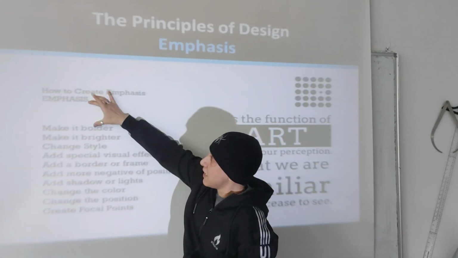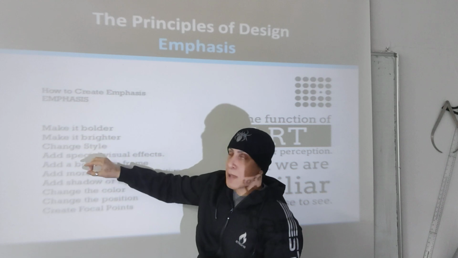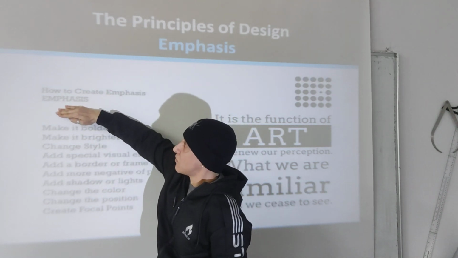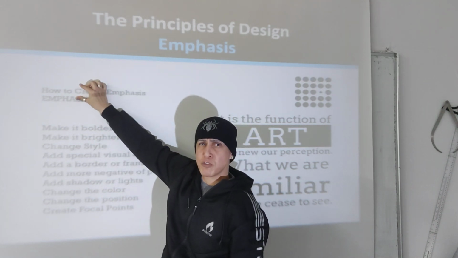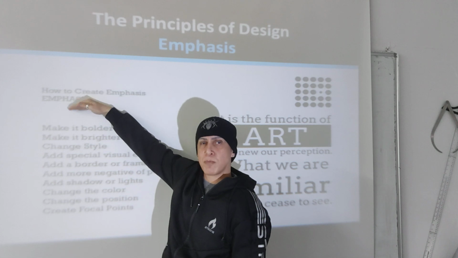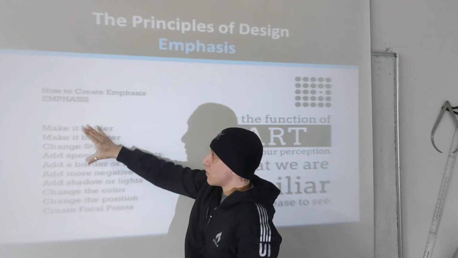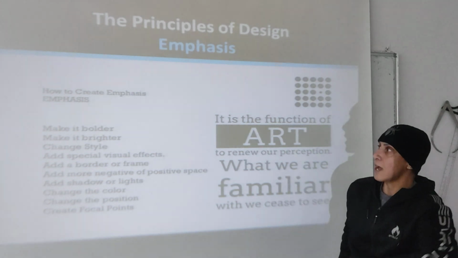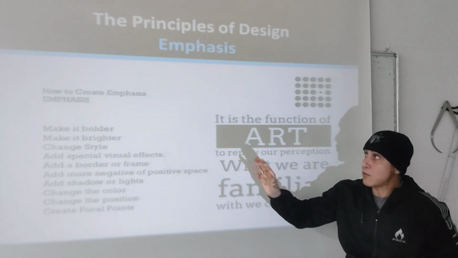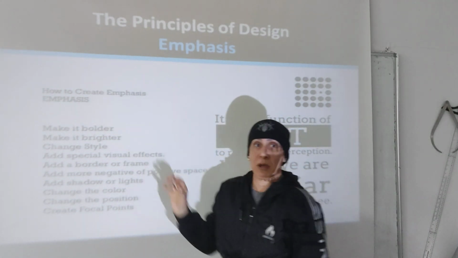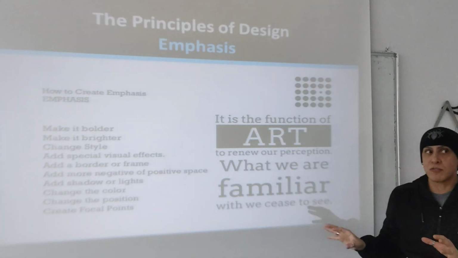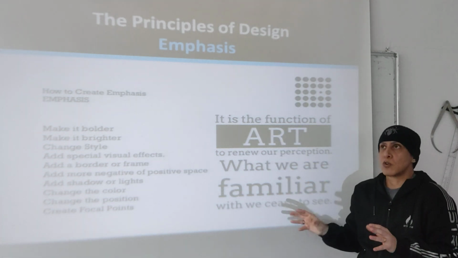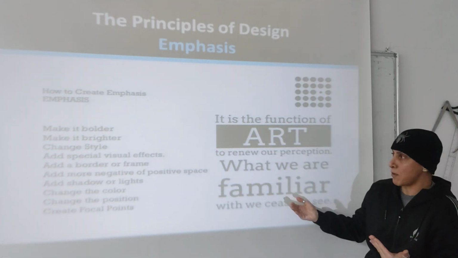So why is this big and this different? Because if we put it the same size, it will create confusion, like there is no separation between the title and the text. So how you arrange the positive and negative space can create emphasis on, let's say, the title or subtitle or another part of the text. So arrangement of positive and negative space is important.